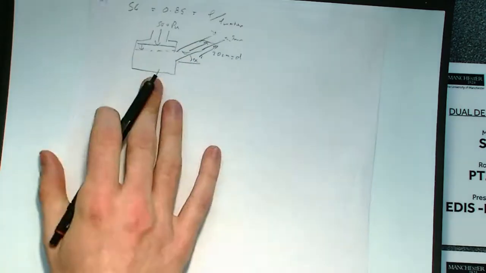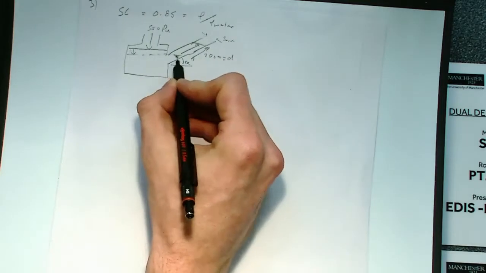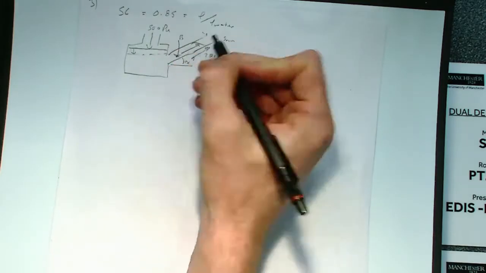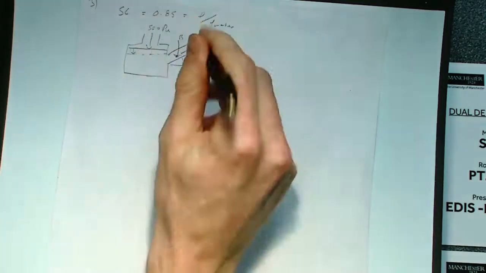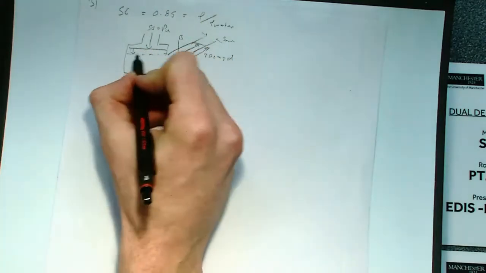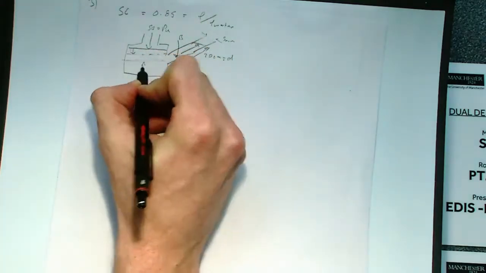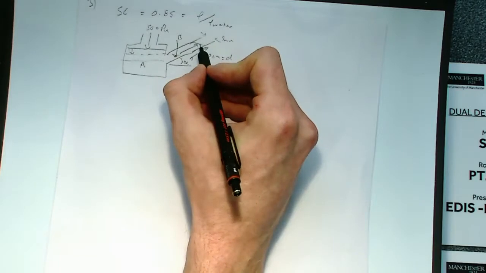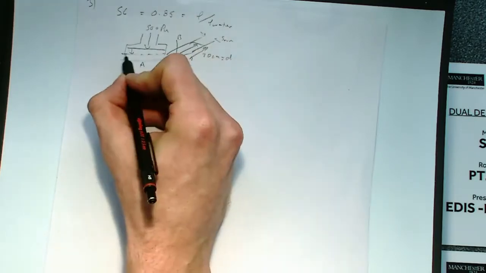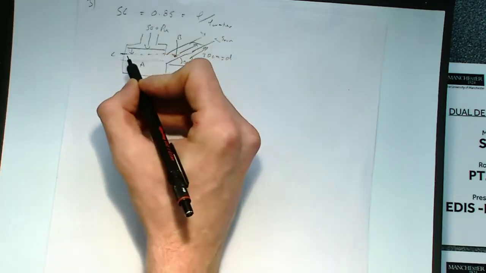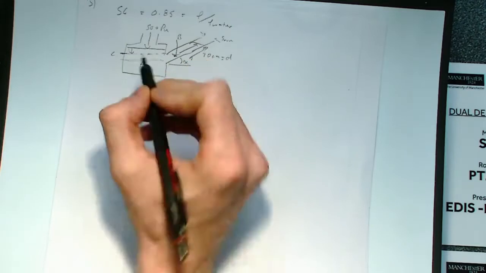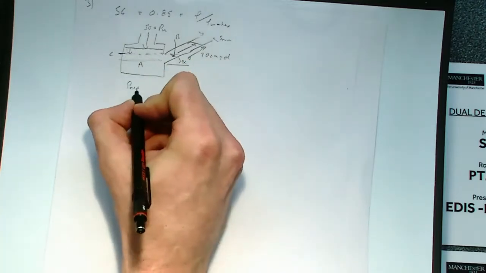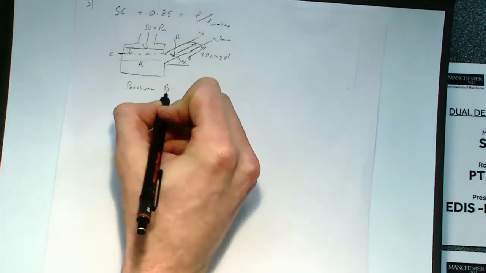We'll call this point where the oil in the tube started point B, this area here area A, and this point here C. First things first, we want to find the pressure at B.